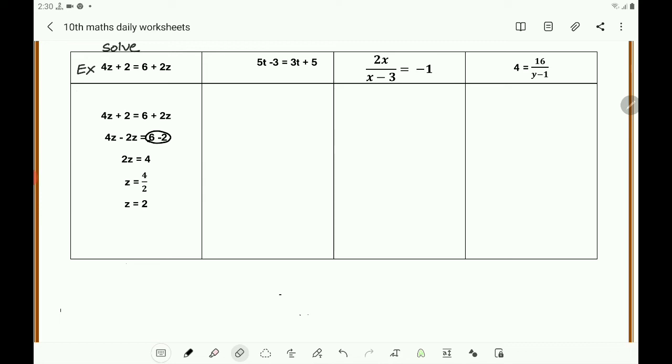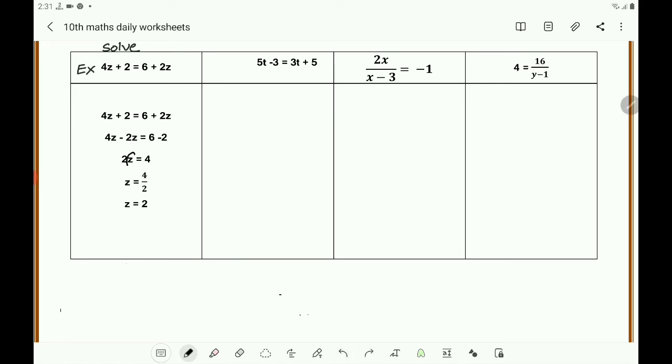Then 4z minus 2z is 2z, because 4 minus 2 is 2. And 6 minus 2 is 4. So you got the equation 2z equals 4.